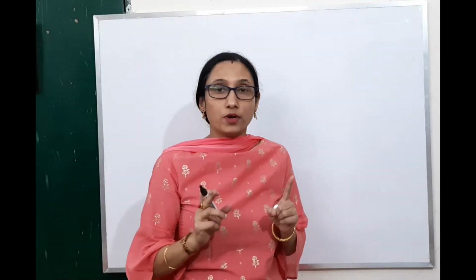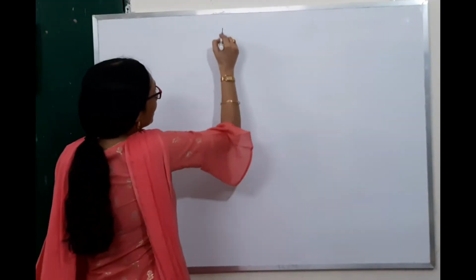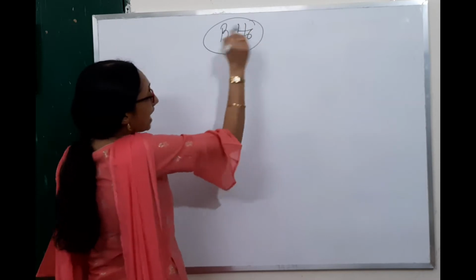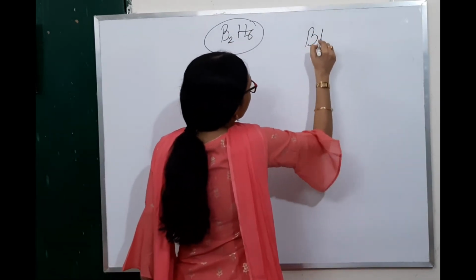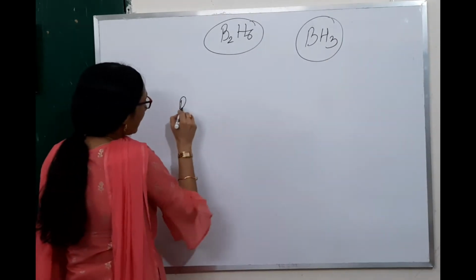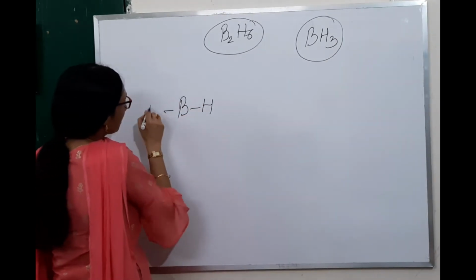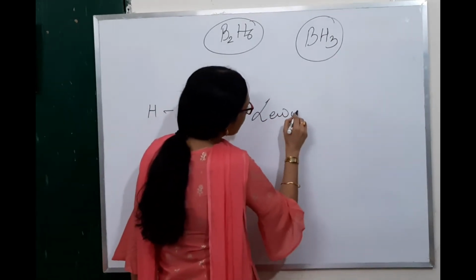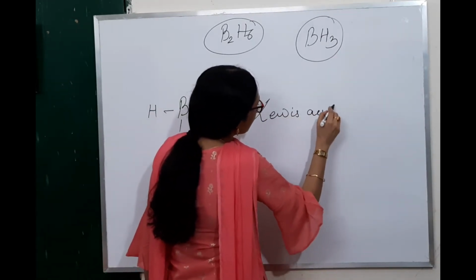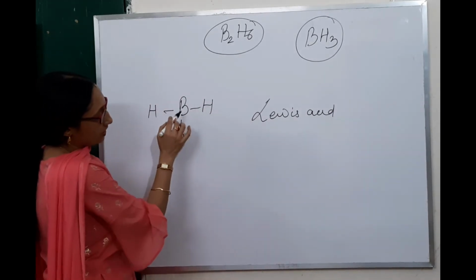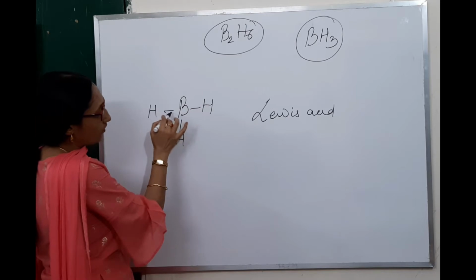Now in hydroboration, this diborane, that is B2H6, acts as BH3. Now this BH3 is a Lewis acid. See, boron is short of octet here: 1, 2, 3, 4, 5, 6.